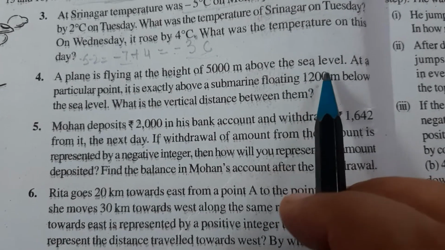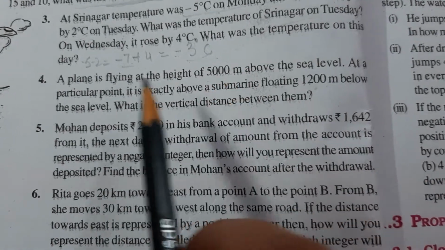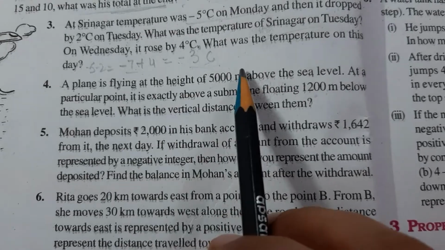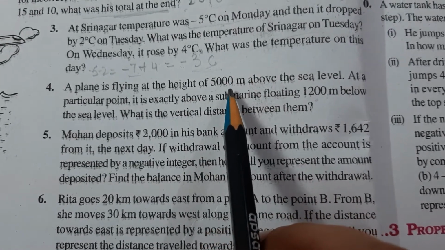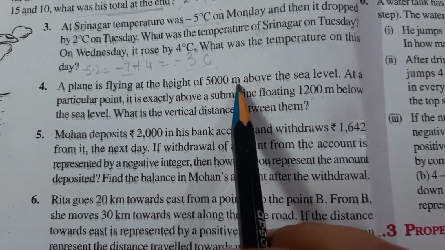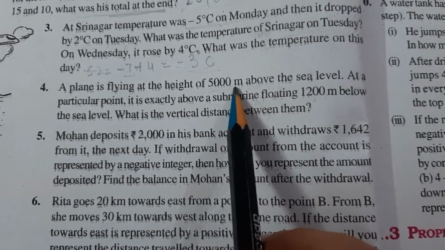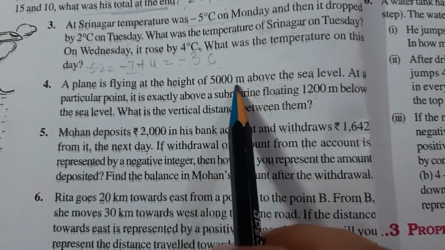Now what do you have to find? First, understand the statement: a plane is flying at the height of 5000 meters above the sea level. It means this is a positive 5000 meter distance.